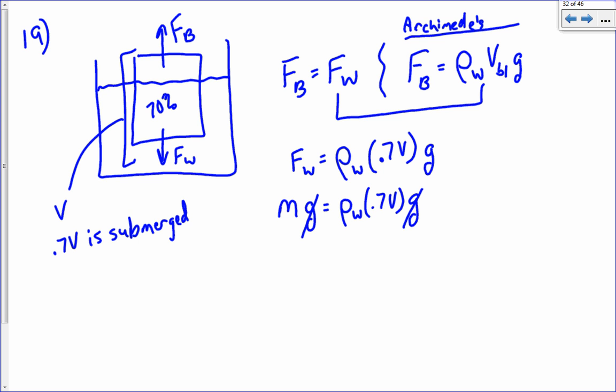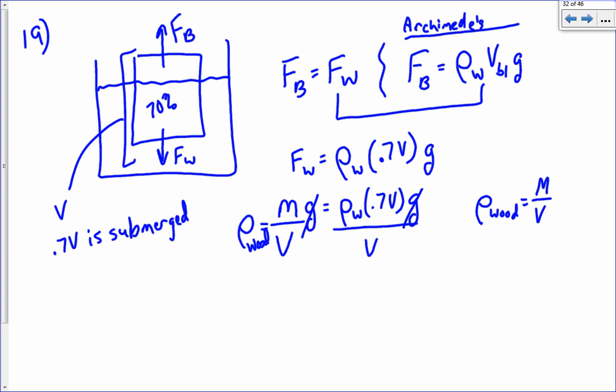And now I want to know what is the density of wood. And the density of my wood is going to be the mass of the block over the volume of the wood. All right, so notice here that if I divide both sides by V, that this will be equal to the density of the wood.